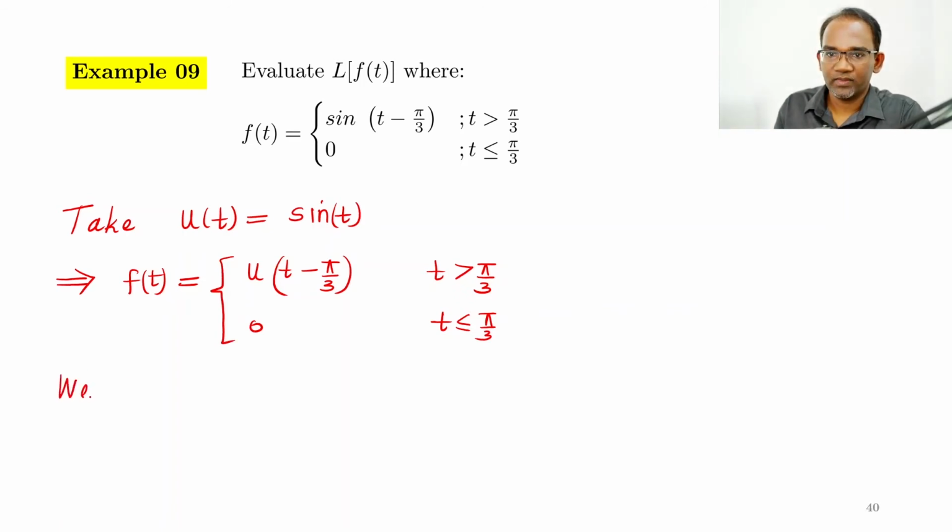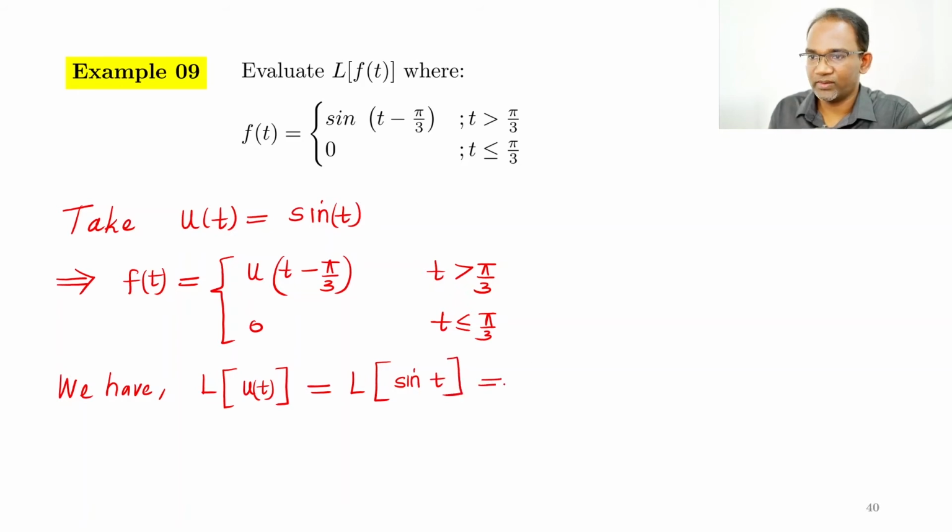Now we have the Laplace transform of u(t) as given by the Laplace transform of sine t, and this is equal to 1 over (s square plus 1), and this is equal to U(s).